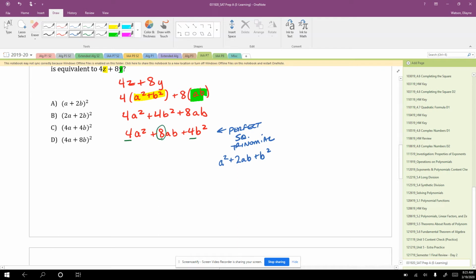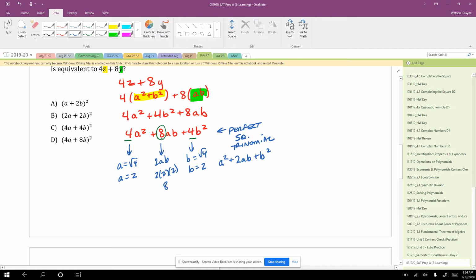Well, in this case, a is the square root of 4, so a is 2. b is the square root of 4, so b is 2. And you connect the b and the a in there, which means that this must be 2ab. So 2 times 2 times 2 is 8.